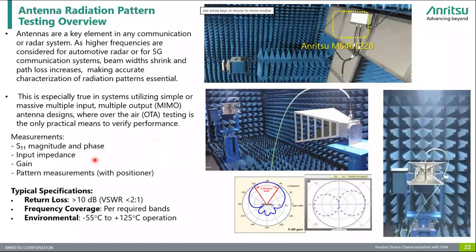The key measurements in radiation pattern testing include S11 magnitude and phase to assess input matching, input impedance for proper system integration, gain to evaluate how effectively the antenna radiates its energy, and pattern measurements, typically performed using a positioner to rotate the antenna and capture its radiation characteristics.